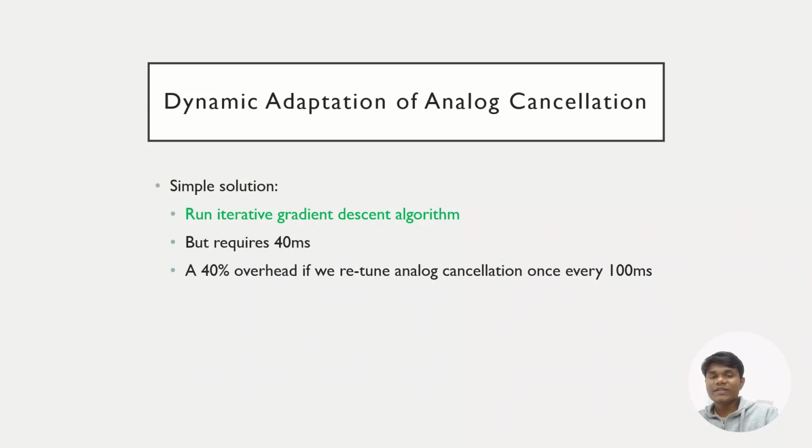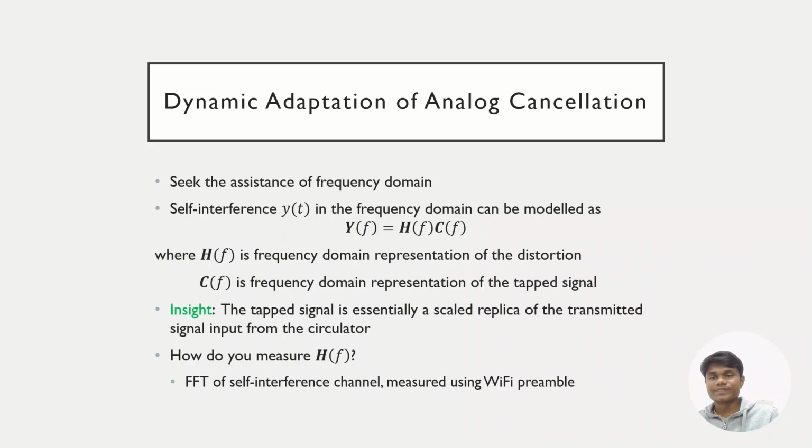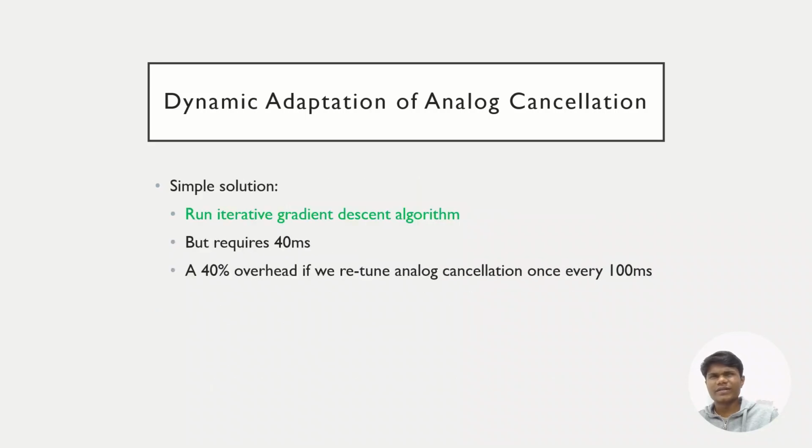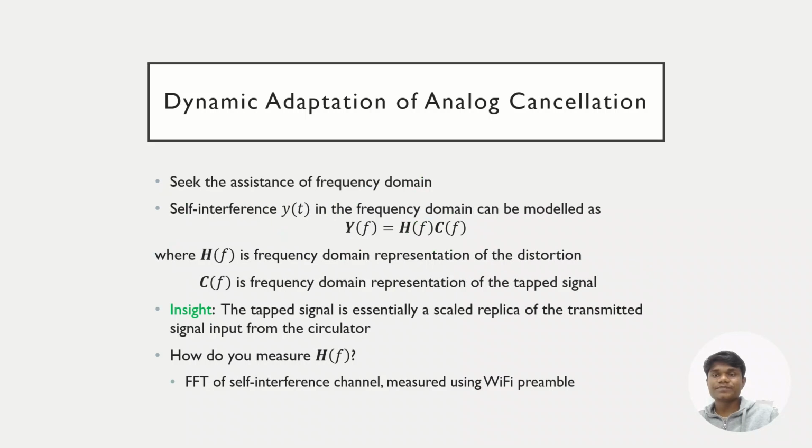And if we carry out this retuning of analog cancellation every 10 milliseconds, then we are taking a 40% overhead, which is simply not acceptable. We do not have that much time. It will lead to delay, lag in the performance. Or it might not. I haven't verified. Take that with a pinch of salt.